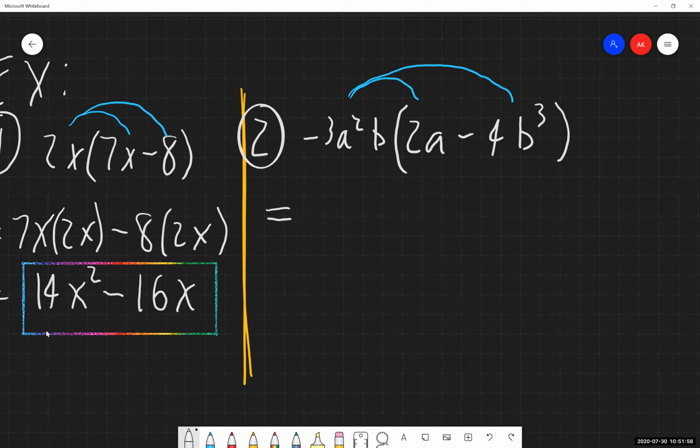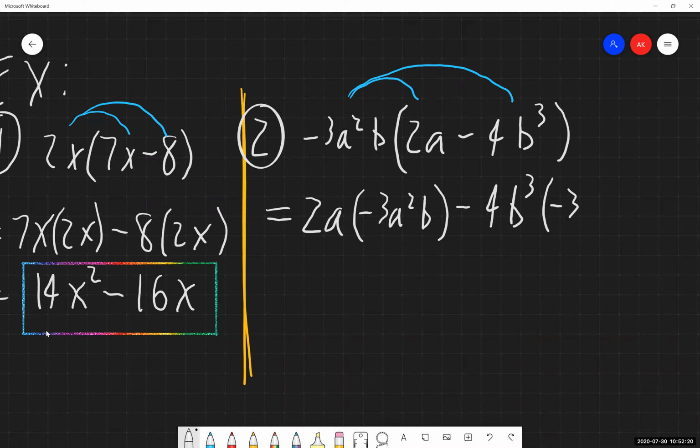So I would recommend, if you can't do it in your head, which is, again, perfectly fine, then write it out for yourself. 2a times negative 3a squared b, just like that, minus 4b cubed times negative 3a squared b.